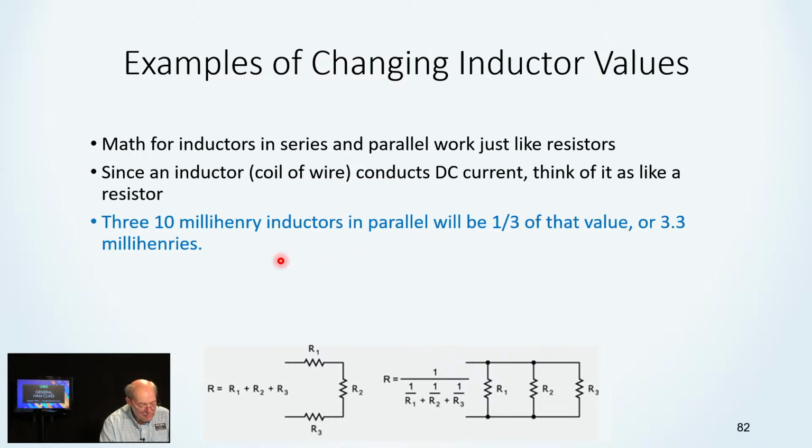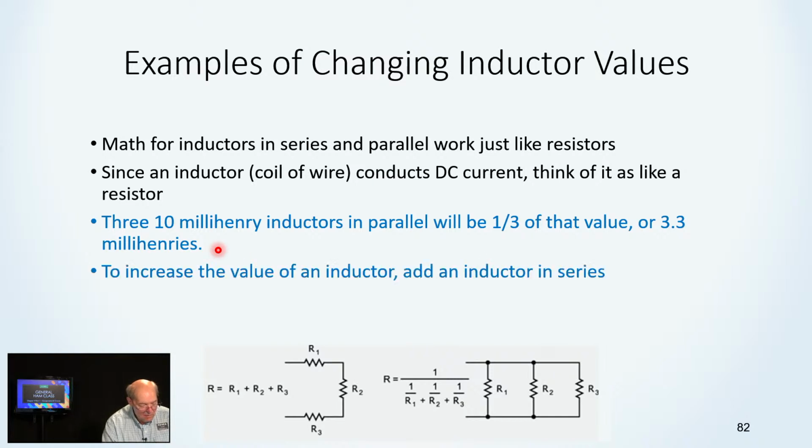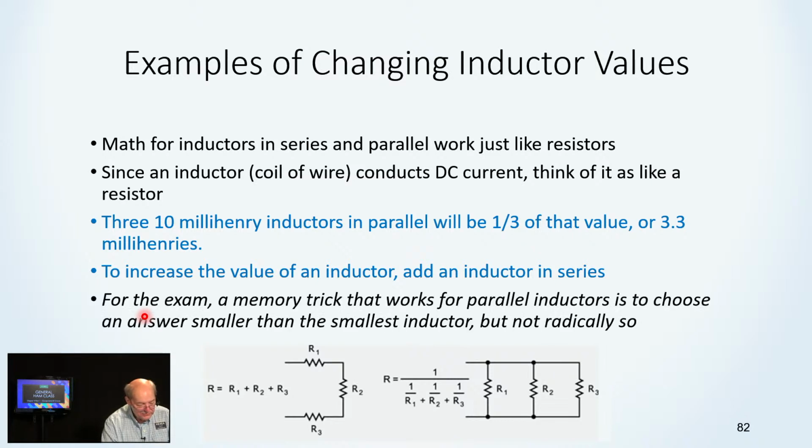So here's a question. 3 10 millihenry inductors in parallel will be 1/3, or 3.3 millihenries. To increase the value of an inductor, add an inductor in series, just like the resistor case. And here's our same memory trick.